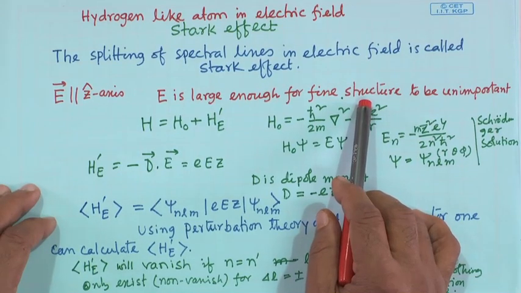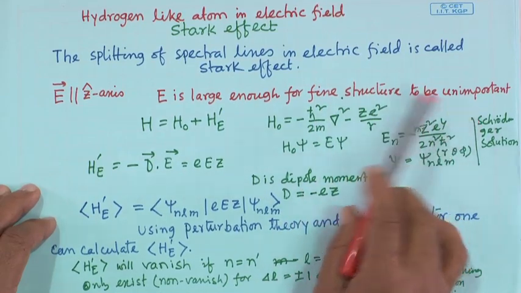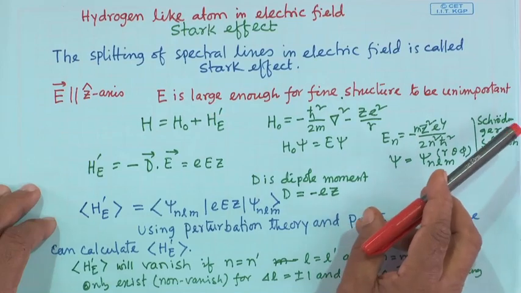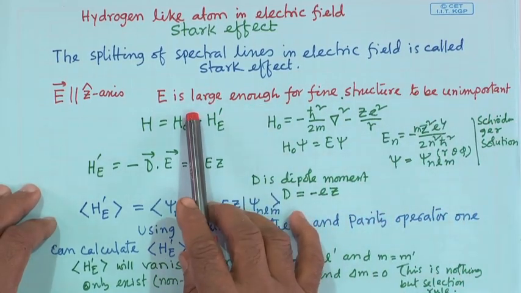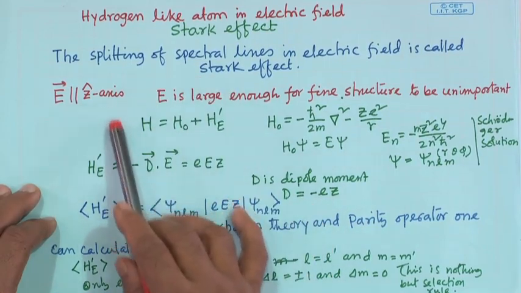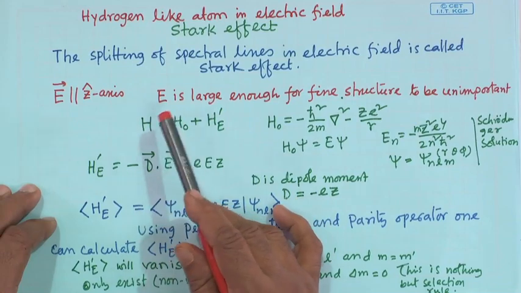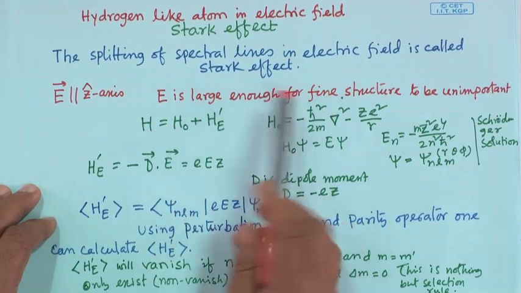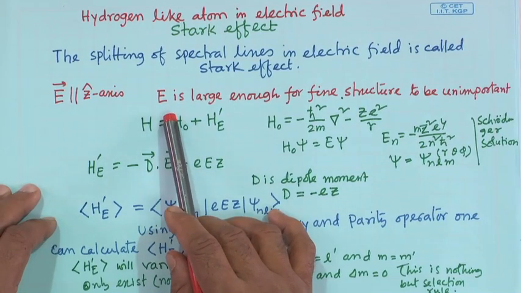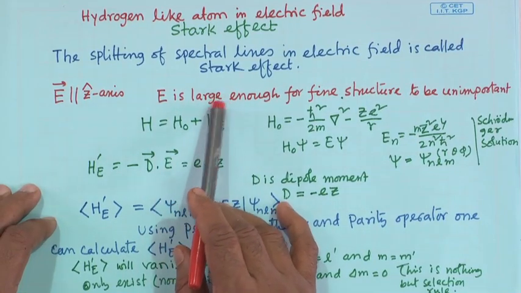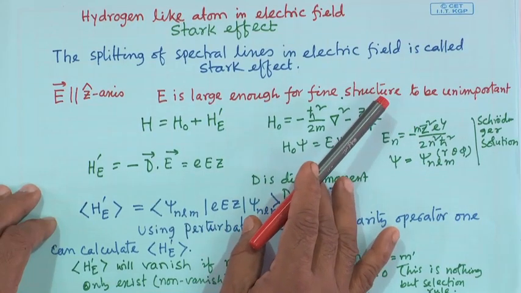So, fine structure to be unimportant means the LS coupling term is weak compared to the term related to the electric field. So, electric interaction, magnetic interaction term, and in this case it is the electric interaction term that is very strong compared to the fine structure, meaning the LS interaction term.